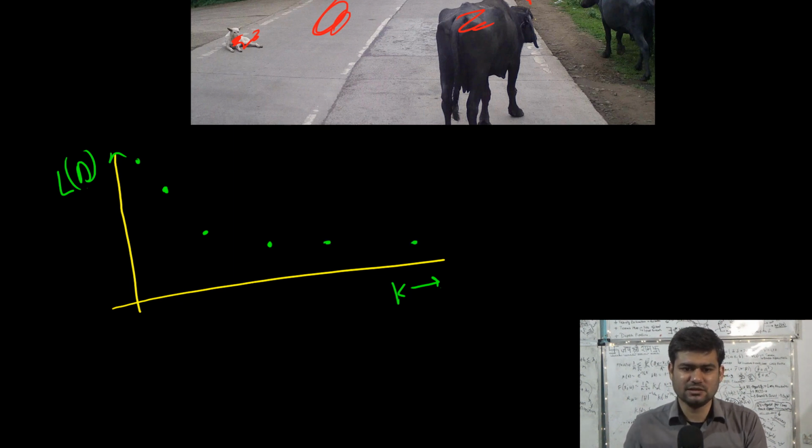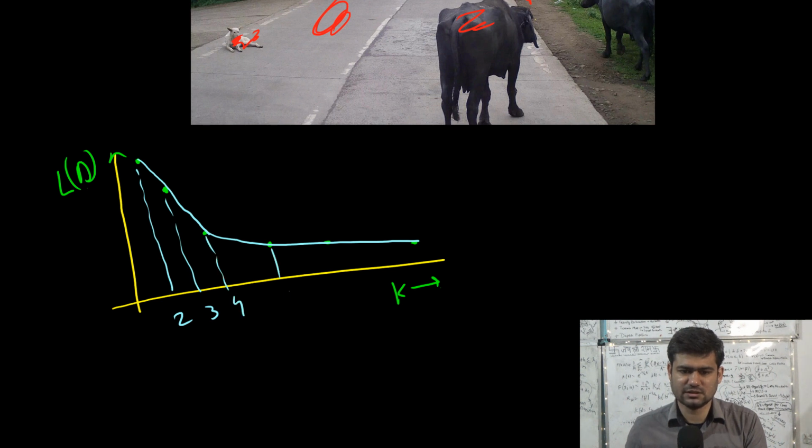So in the elbow method, if we join these points, let's suppose this is k equal to 2, this is k equal to 3, k equal to 4, and so on. This is k equal to 5, 6 and 7. Then we can see that there is a sudden change in the slope of this plot of loss function versus the k value.